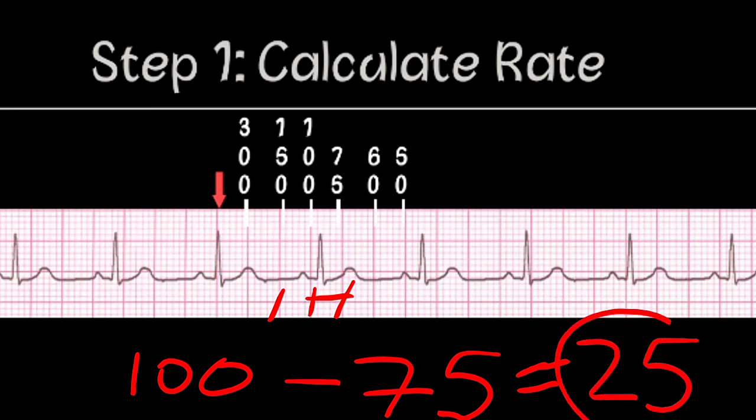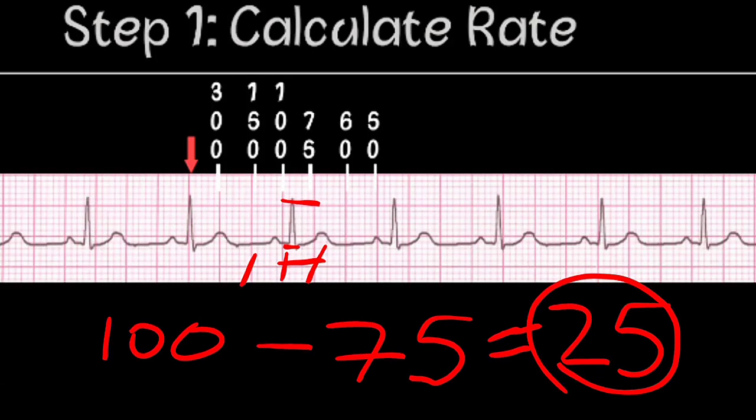Now as it is 25, we have to divide this number over the 5 small boxes that we can see here between 100 and 75, which means that each small box is going to be a number 5. Now as this R wave is just a small box away from 100, 100 minus 5 makes 95. So our heart rate is 95.